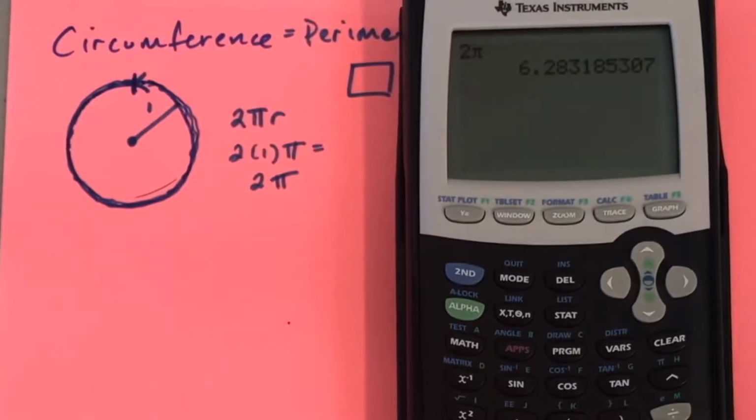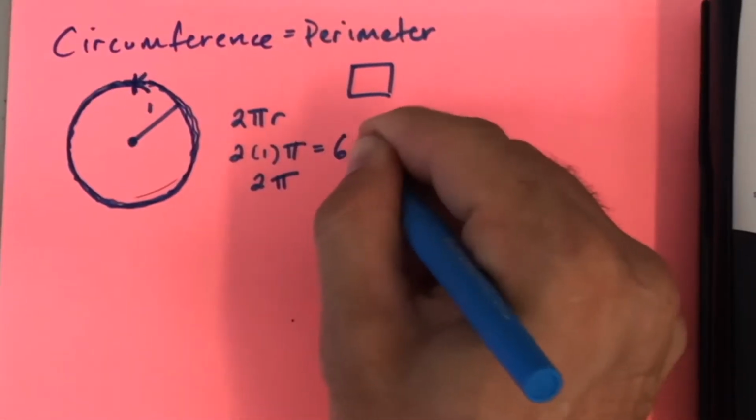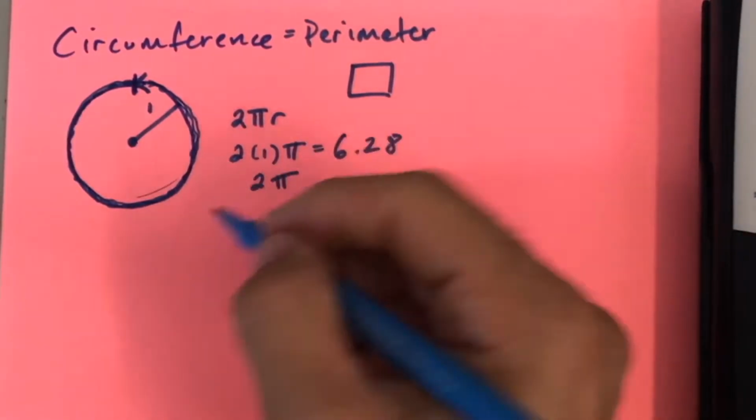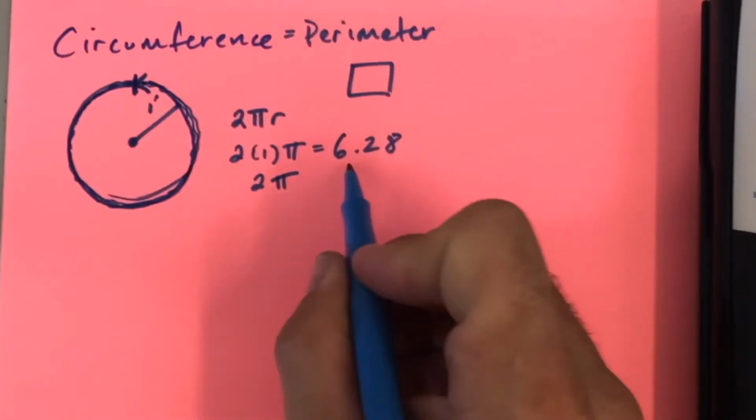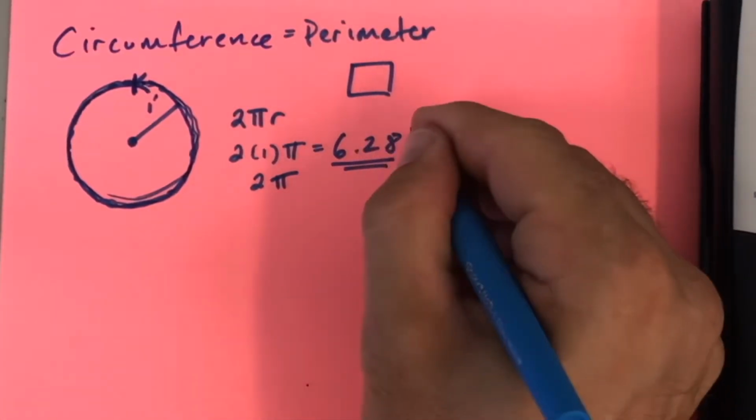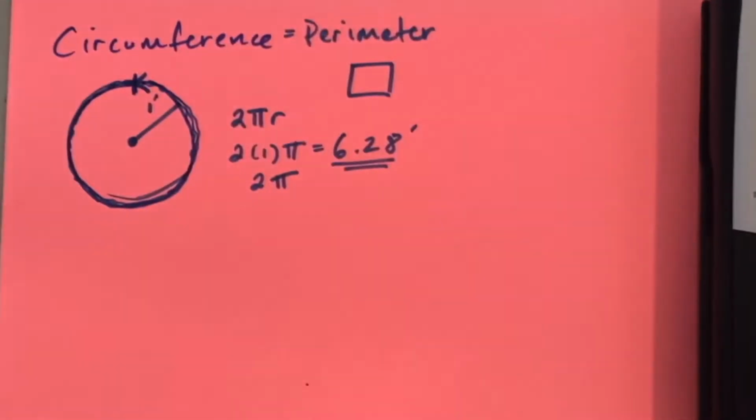There is a pi symbol, second pi, and you would get a value of 6.28. So basically, if I had a circle with a 1 foot radius, in order to travel around that circle, I would go about 6.28 feet.